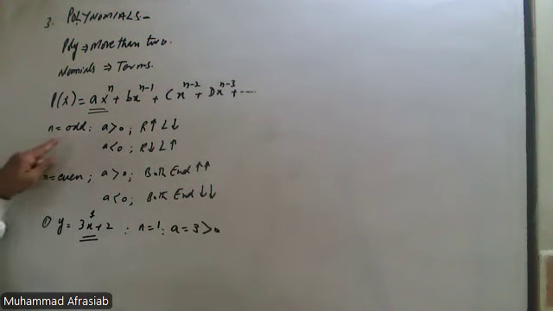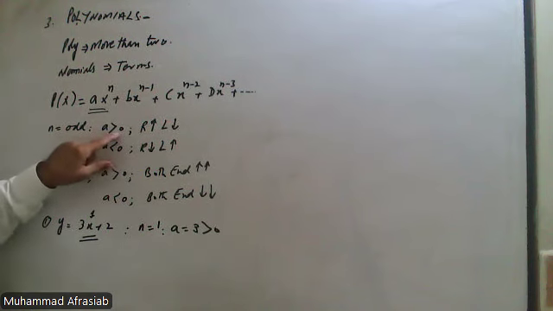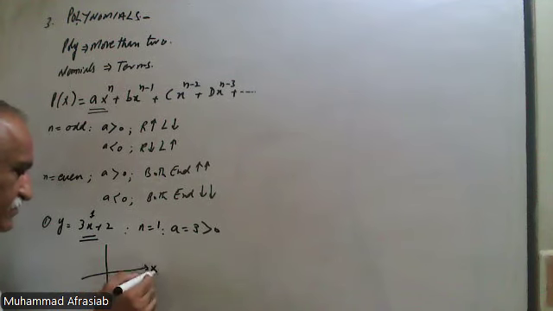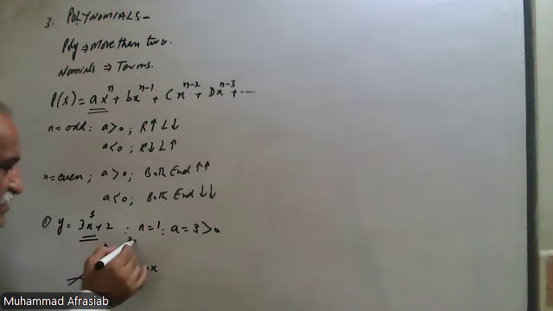So when it is an odd number and a is greater than 0, then the right side of the graph will be upward and the left side of the graph will be downward. So this will be the sketch of this graph. It is plus 2. This is the right side of the graph, which is upward, and this is the left side of the graph, which is downward.